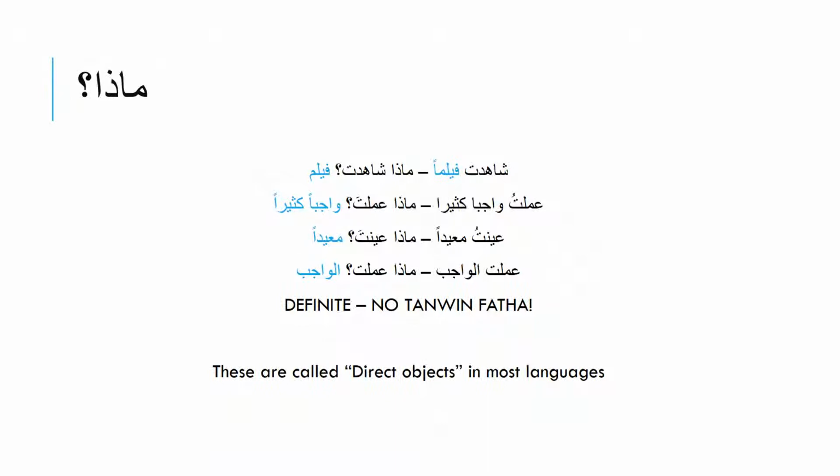So, madha. We'll see tanwin fatha a lot on what we call direct objects, the thing that has something done to it. And normally the question to ask to find out about that is madha, right? So, shahadtu filman, right? I saw a movie. Madha shahadta, film. The word that we could ask madha about, film, has tanwin fatha on it, right?